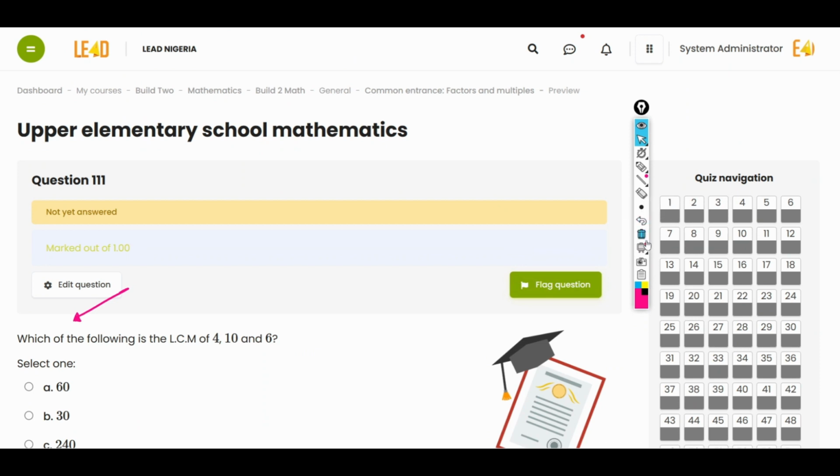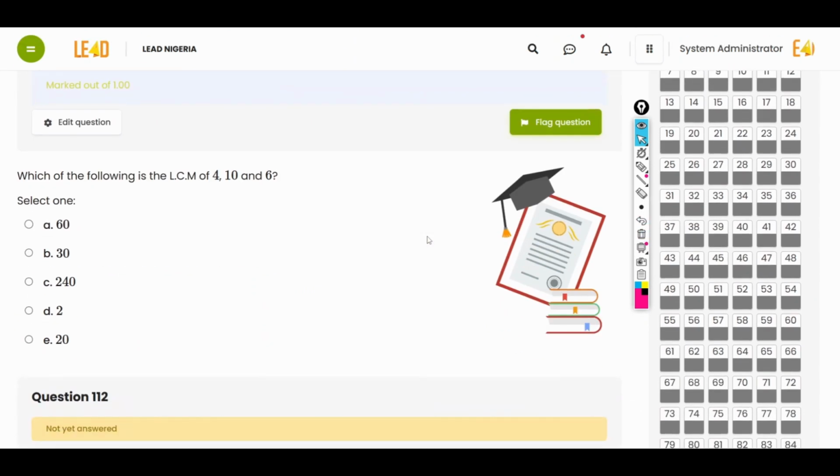Okay. Which of the following is the LCM of 4, 10, and 6? So 4, 10, and 6.